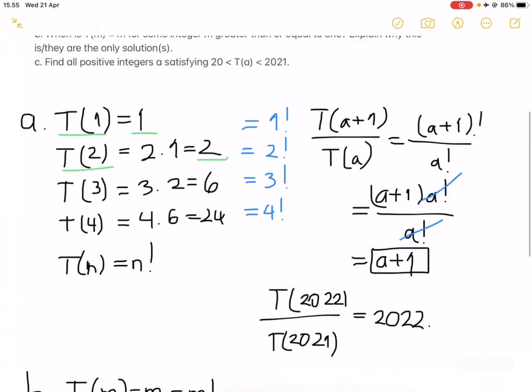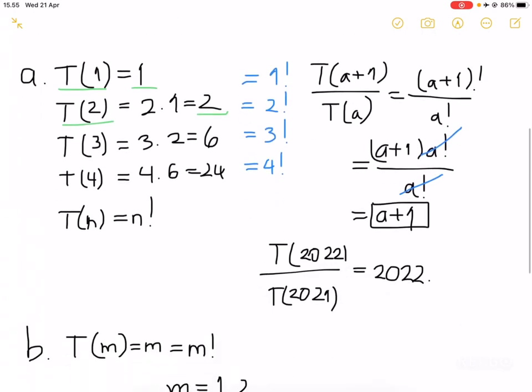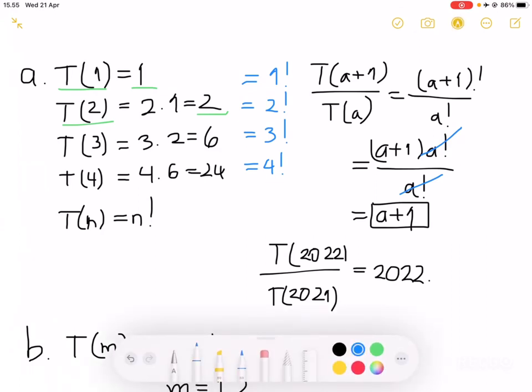And why is that the case? Well, notice that the inputs of the T of n sequence are increasing arithmetically, added by 1 and so on, while on the right hand side, these terms increase multiplicatively, or geometrically. And of course, multiplying things grows faster than adding things.